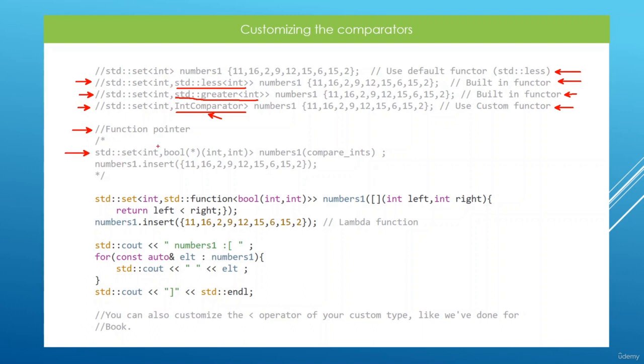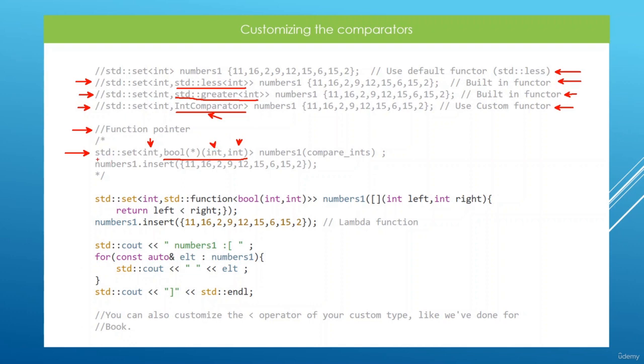We say std::set, we specify the type of data we have in our set, and then we specify the signature for the function pointer that is going to act as our callback here. It is going to return bool, and it is going to take two integers and compare them.